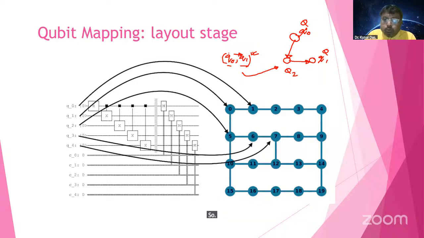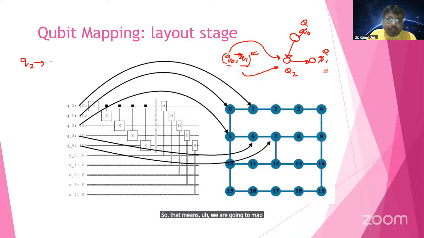So what we can do is, in logical to physical mapping, map the Q0 to Q2 and Q1 to capital Q1. That is called initial mapping, with Q0 in the logical or virtual domain, and the physical one is Q2.